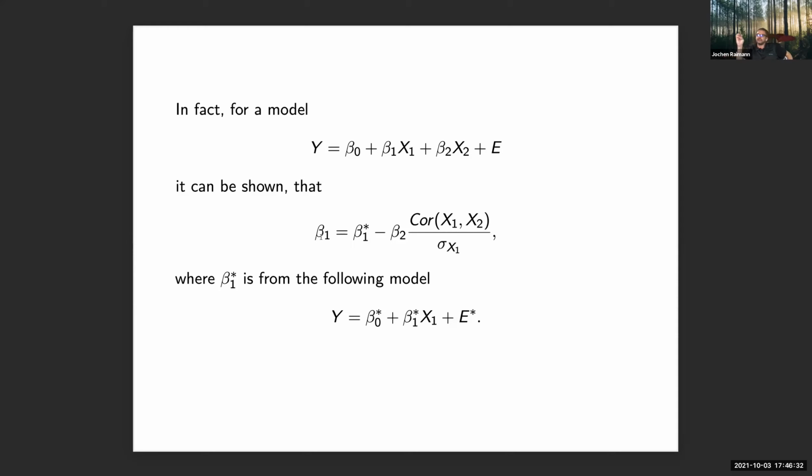So you can arithmetically estimate what your beta 1 will be. And this is important knowledge, because by that you can really estimate what effect can be attributed to that included variable.